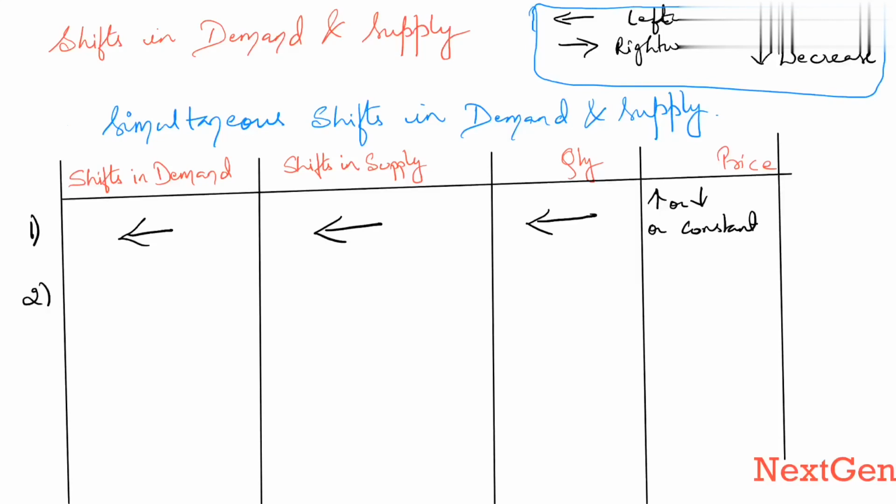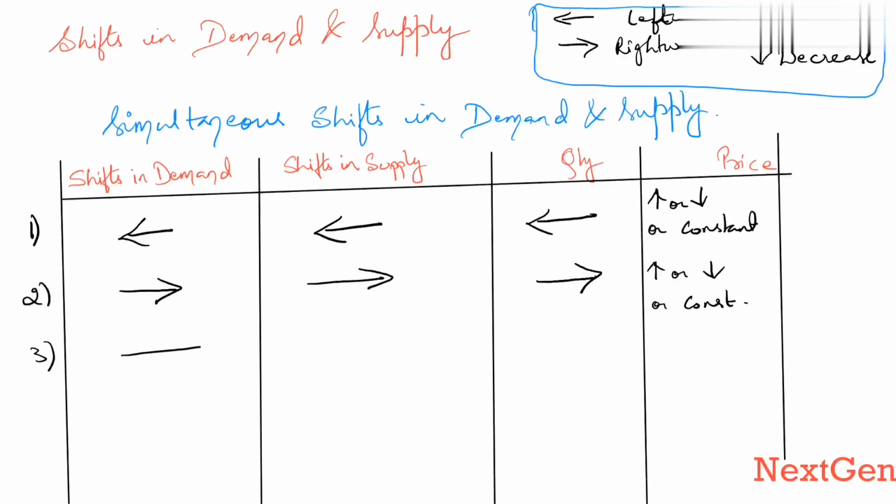Now second condition, if demand increases and supply also increases, then the quantity increases and the price may increase or decrease or remain unchanged or constant.